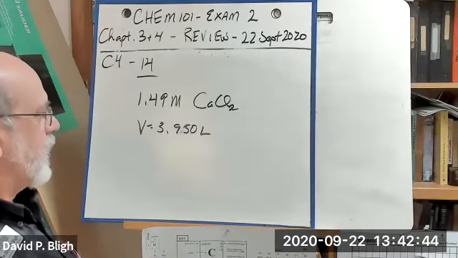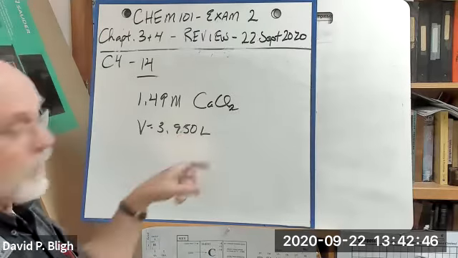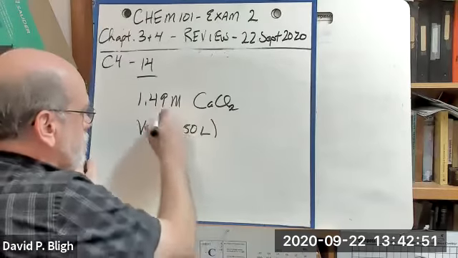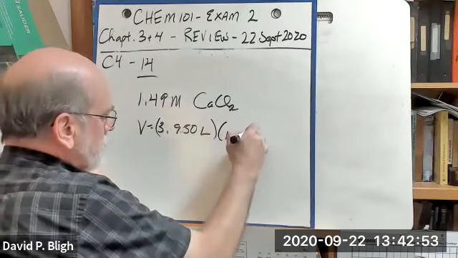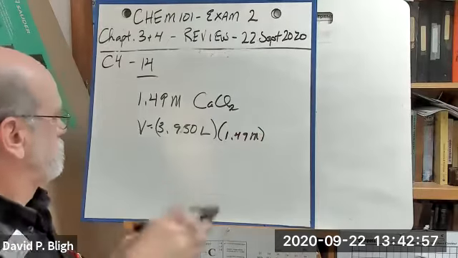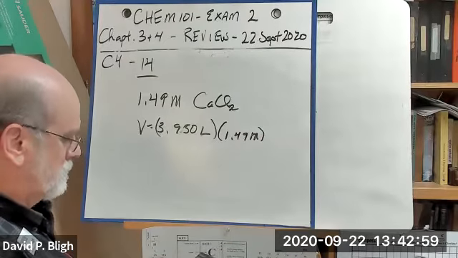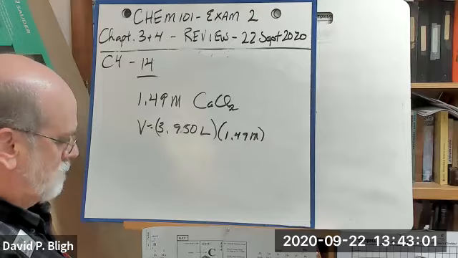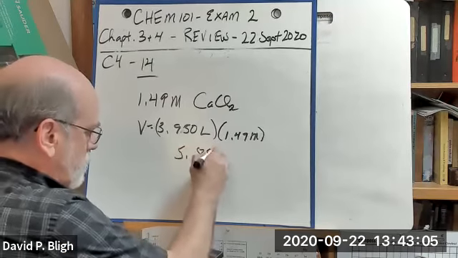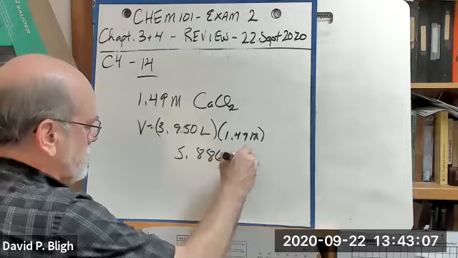Right? So how do we know? Well, we got to find out how many moles first. Right? This volume times that molarity equals what? Equals 5.886 moles.